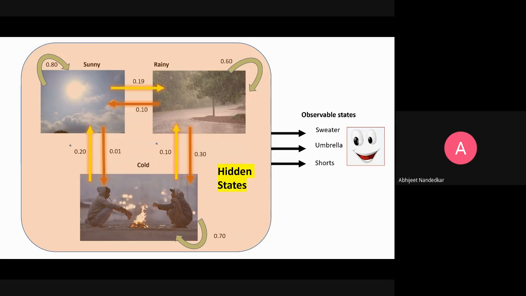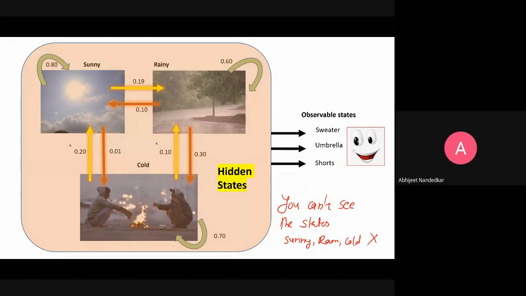But what you can observe is that a person who is serving you food in that room is wearing a sweater, or coming with an umbrella, or coming wearing shorts. You can observe these things. You cannot see the states, that is sunny, rainy, or cold.